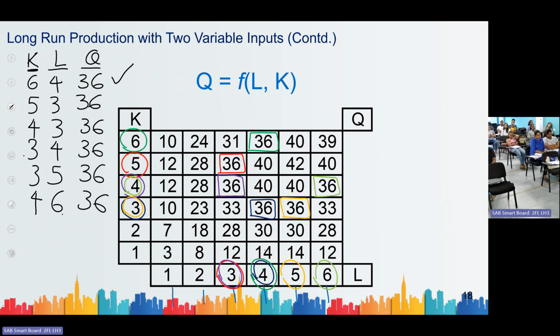We can combine these levels using a smooth curve. We can combine the similar levels of output using a smooth curve. This is a smooth curve.